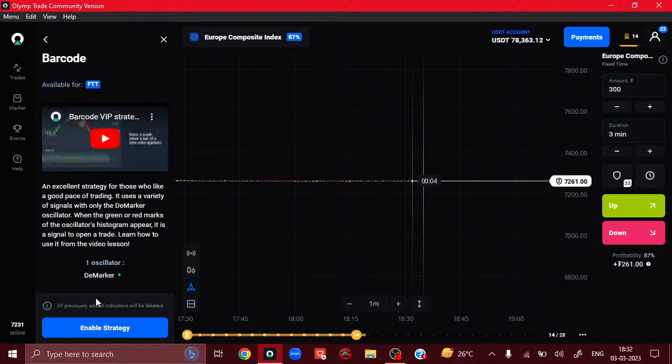It is an excellent strategy for those who like a good pace of trading. Traders who want to trade aggressively and place more trades can use it. It uses only the DeMarker oscillator. When the green or red line marks of the oscillator histogram appear, it is a signal to open a trade.